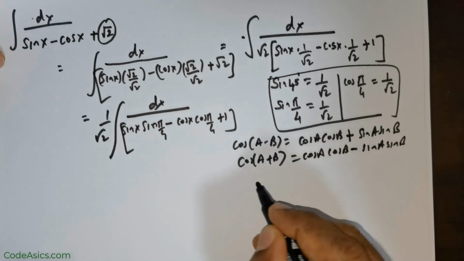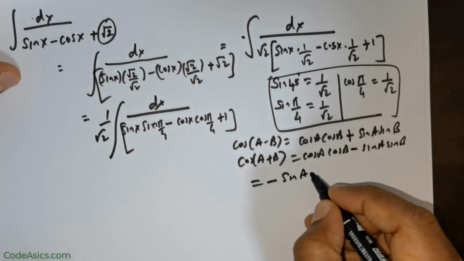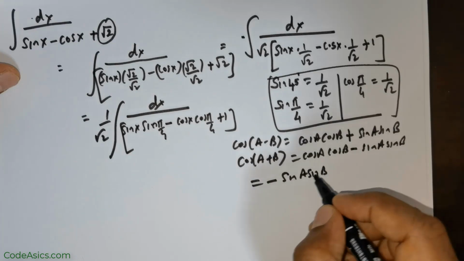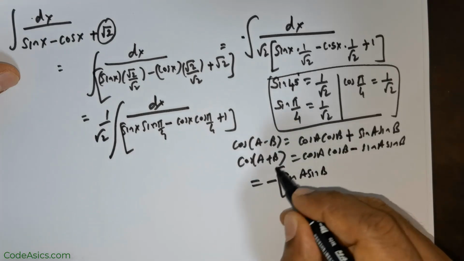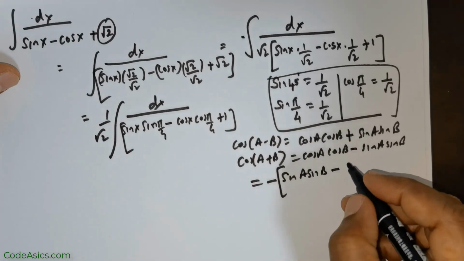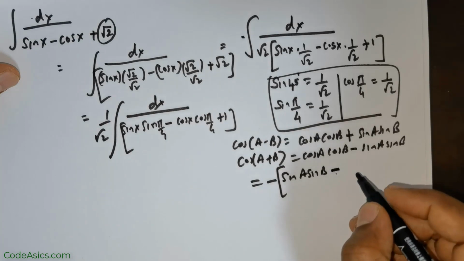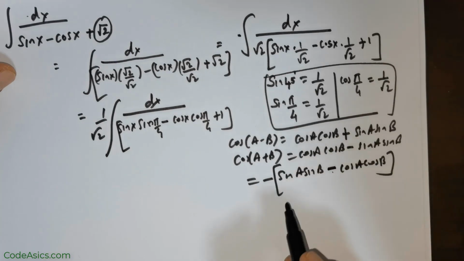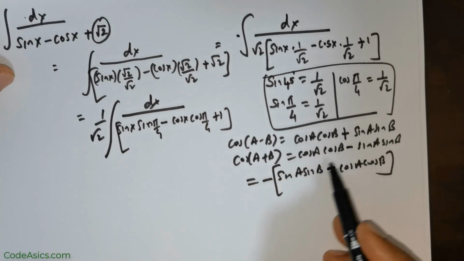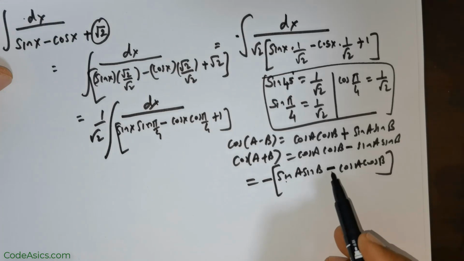Now is it okay if I rewrite it as negative sin a sin b? If you were to take the negative sign out, this is going to be negative of sin a sin b, and then I need to get a positive sign, so I had to place a negative sign. So this is going to be cos a cos b, right? I'm taking the negative sign out, so that would mean I have a sin a sin b negative, because negative into negative would give me positive, so that's the reason we are having a negative.